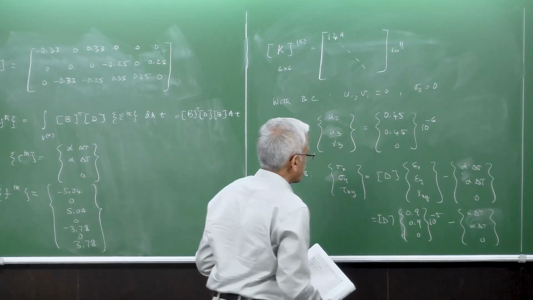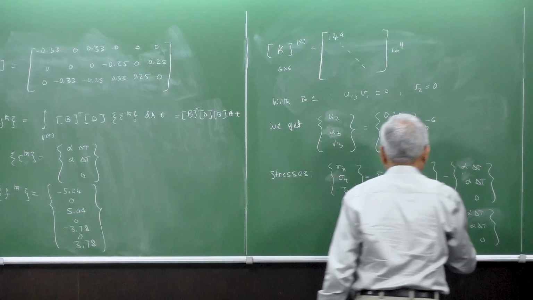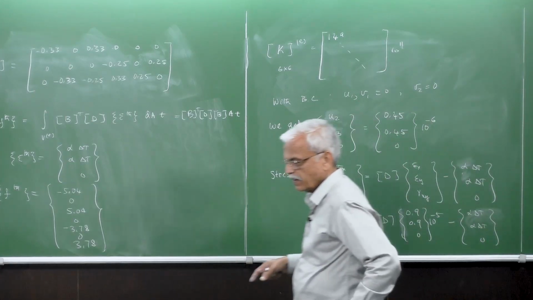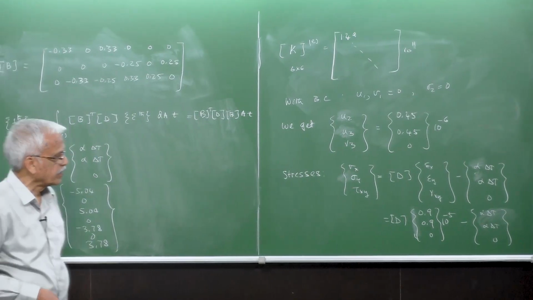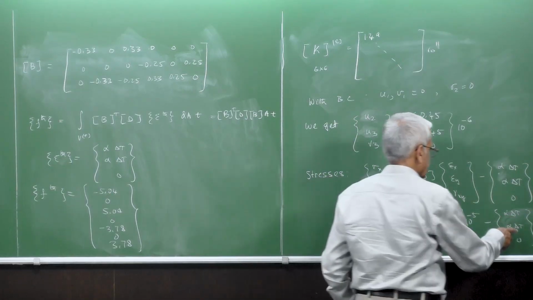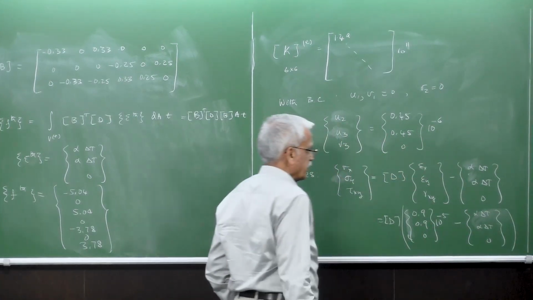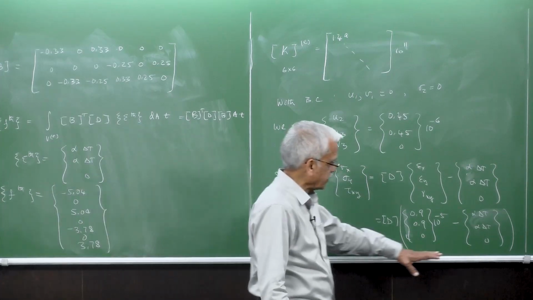I hope you have realized that the strain component here, this is the total strain, is nothing but your B times the nodal displacements of the element. This all just follows, and then this is alpha delta T, and then you evaluate this one to get the stresses. So that much you can do.